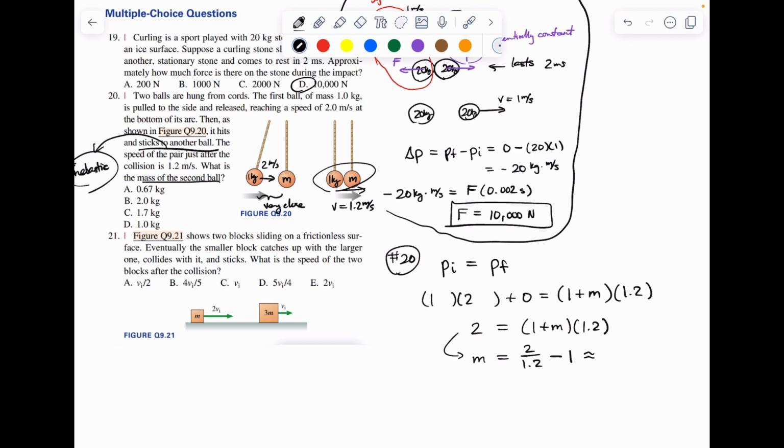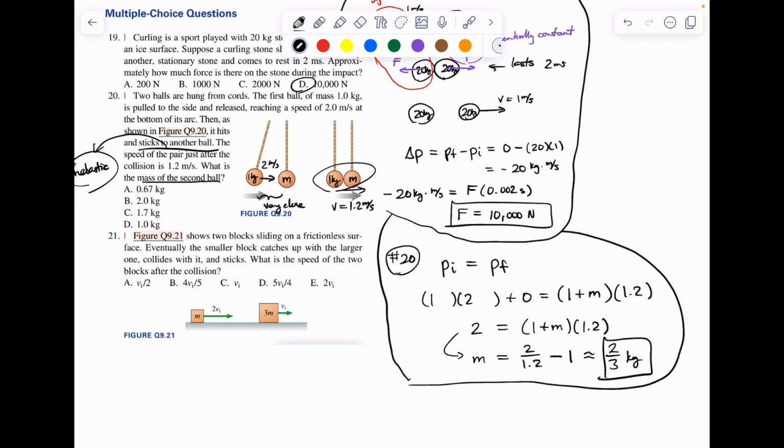And let's see how much that is. That is 0.6 repeating. So we'll just say 2/3 of a kilogram. Nice. A very quick one.